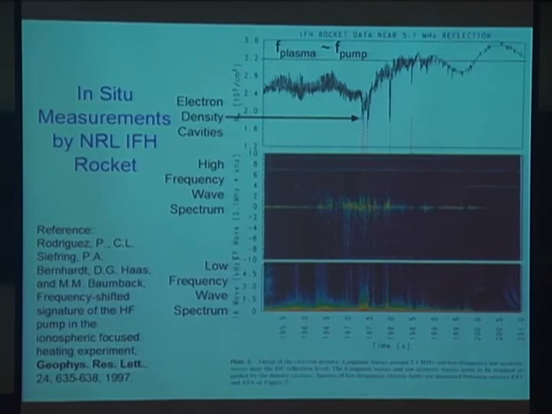And this is a rocket flying through the interaction region of the Arecibo heater, where you're measuring in situ the plasma density structures, and this showed actually a lot of cavities, and inside the cavities are trapped the electron plasma waves, the Langmuir waves, and then also in the same cavities are trapped the ion acoustic waves. So we have a pump wave at 5 megahertz or 5.1 megahertz, which is parametrically decaying into the low frequency ion acoustic wave and the high frequency electron plasma wave.